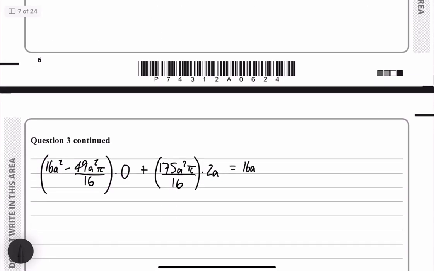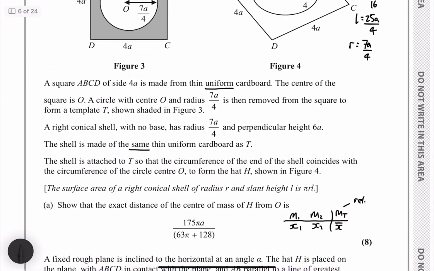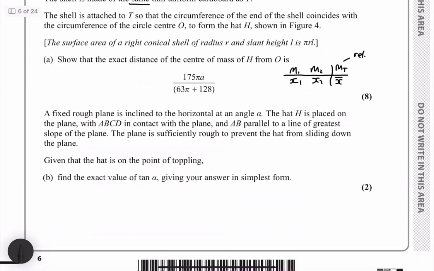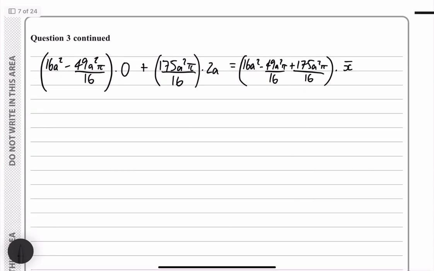So we've got 16a squared minus 49a squared pi over 16 plus 175a squared pi over 16 times by x bar, the coordinate of the center of mass of the whole shape. So this is our equation. First, let me quickly simplify this. That gives us 63 over 8 a squared pi, those two terms there.